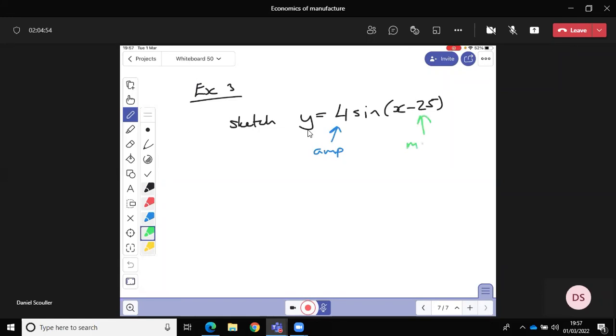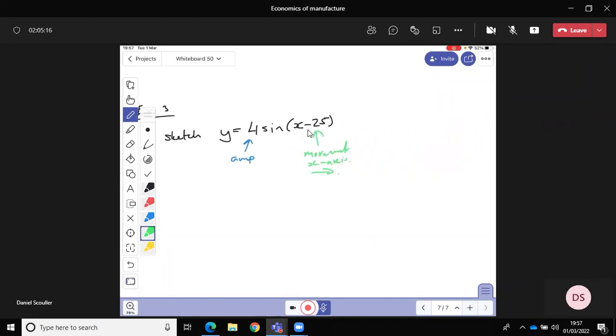So it's movement on the x-axis, and we're going to the right. A negative number there means we move to the right. Remember, it's counterintuitive. Negative, we're moving right for whatever reason. We'll do this between 0 and 360.